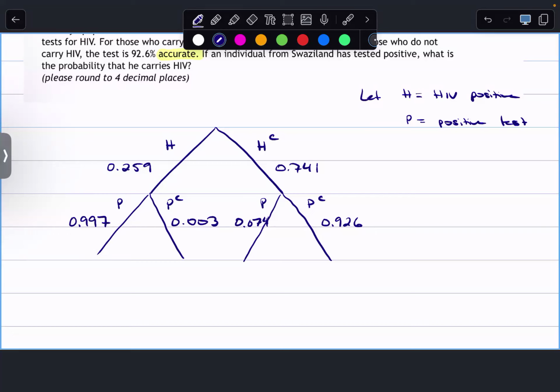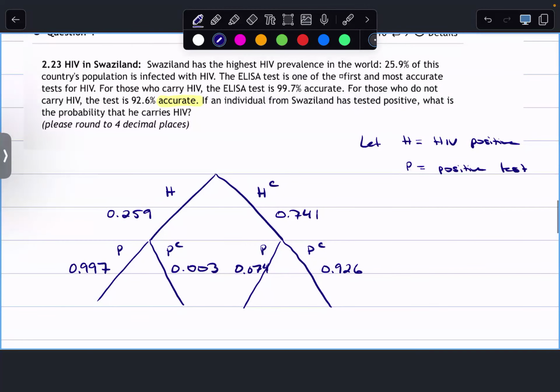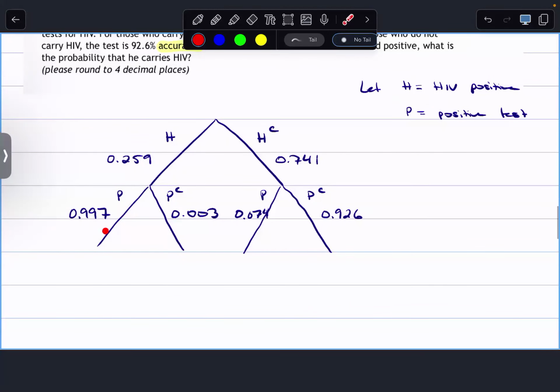Okay. Now, for me, and this next part is a little bit overkill, but I always like to just do it, and then I have all my players in place, if that makes sense. So what I do is I go down and I just list all the possible combinations.